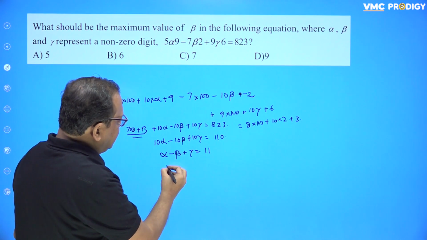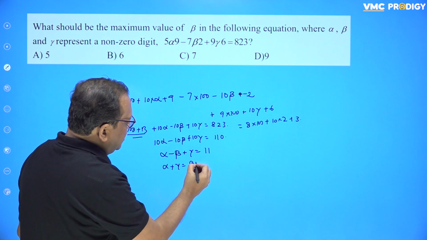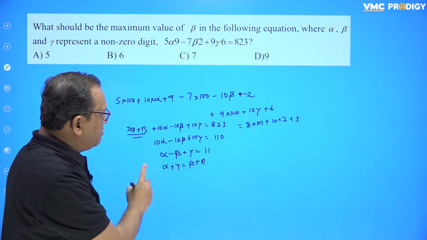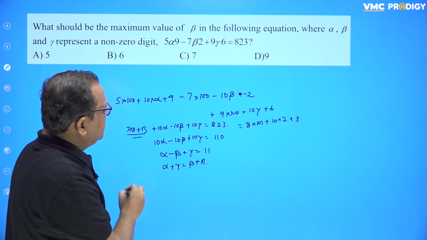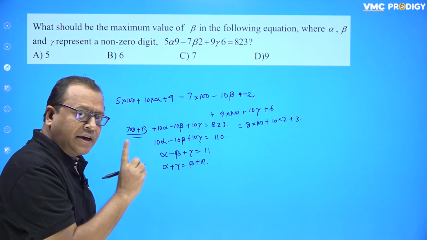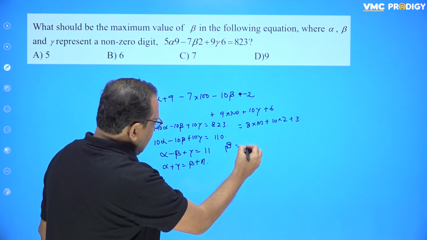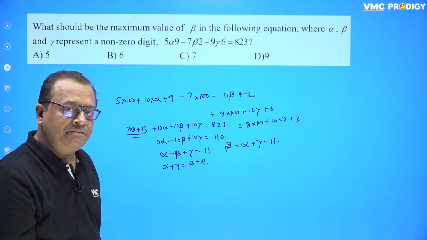Okay, so can I say that alpha plus gamma is equal to beta plus 11? Now remember that alpha, beta and gamma are single digit integers from 0 to 9. So can I write this beta as alpha plus gamma minus 11? Can I write it like this?